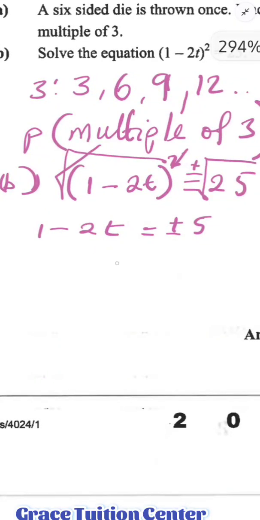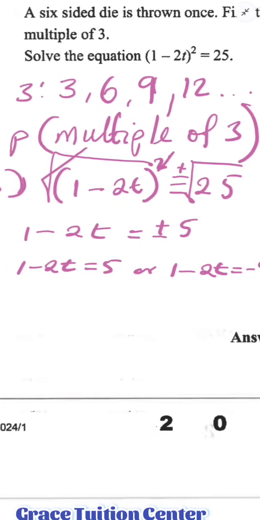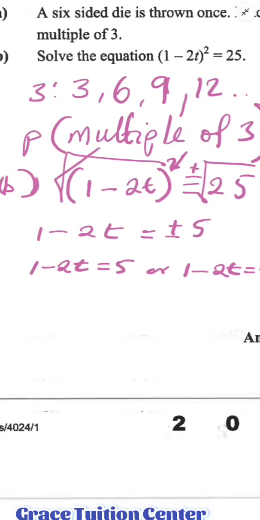So we have our values of t: 1 minus 2t is equal to 5, or 1 minus 2t is equal to negative 5. First, remove the root. Then, once you square root both sides, you're going to have plus or minus here. So here it's plus or minus 5. Then separate. This part is equal to the positive part, or this part is equal to the negative part.